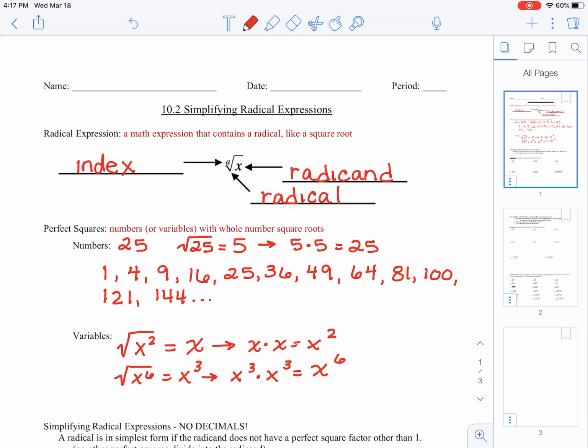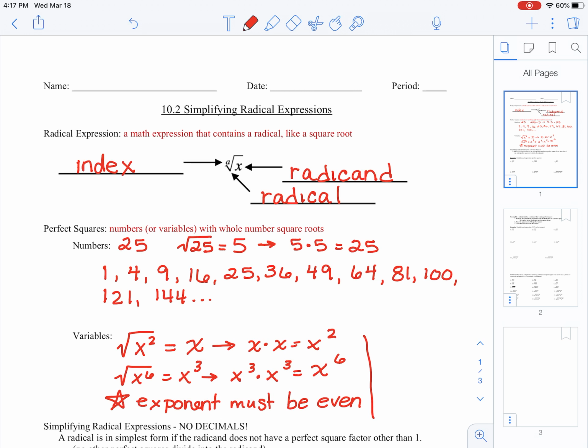The rule for variables is that a variable is a perfect square as long as its exponent is an even number. If the exponent is an even number, and you do have a perfect square, to figure out the square root, you divide that exponent by 2.